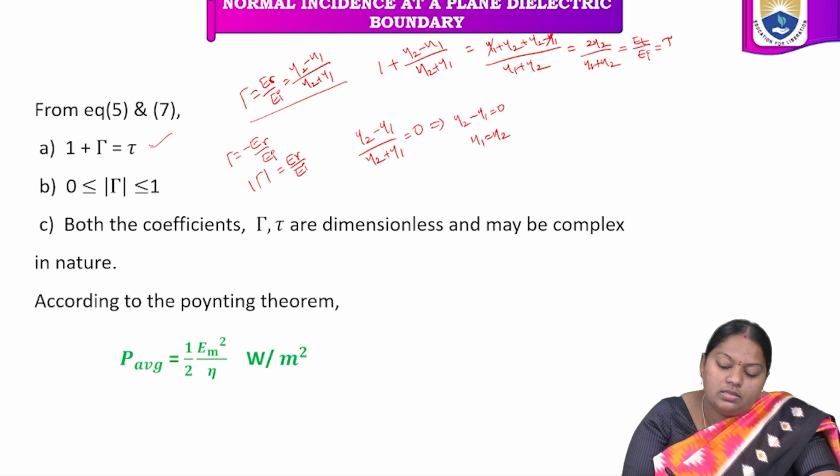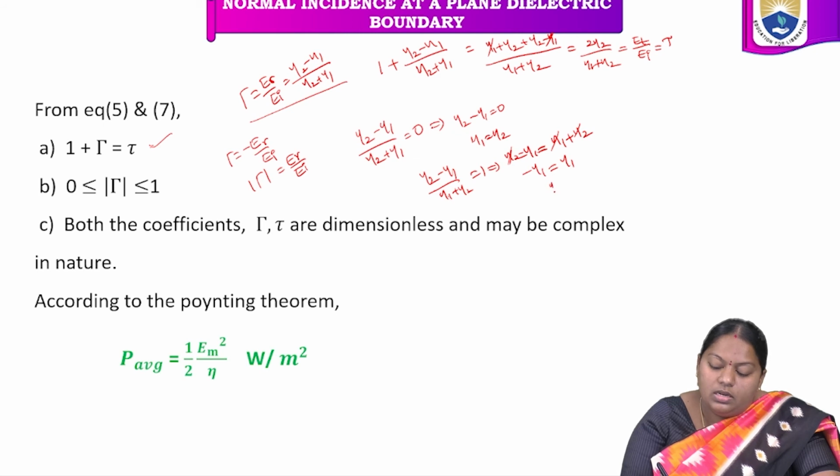This is the case where there is no reflected wave. Similarly, eta 2 minus eta 1 by eta 2 plus eta 1 is equal to 1. This is the case where eta 2 minus eta 1 is equal to eta 1 plus eta 2. Now, if you separate these two terms, eta 2 equals eta 2, then minus eta 1 is equal to eta 1.